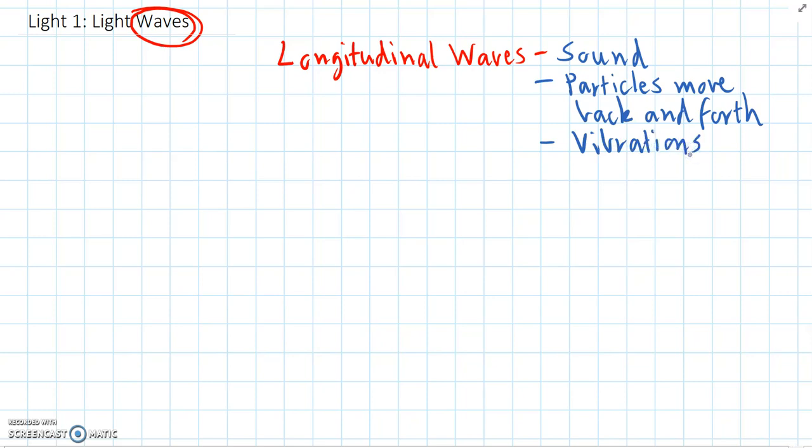Vibrations which push the particles in the air or in an object, and so the wave moves along through the air as the particles vibrate backwards and forwards. But light moves in a different kind of wave, which is called a transverse wave.